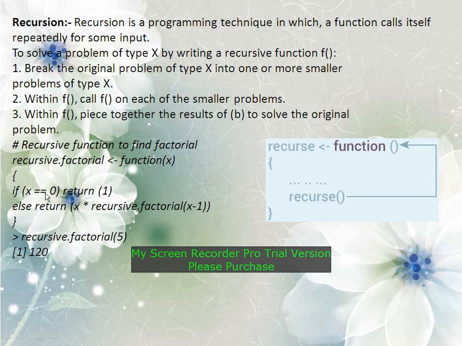X is 5, but if that is not equal to 0, then call again 5 times recursive.factorial of 5 minus 1, that is 4, and again 4 times recursive.factorial of 3, and next 3 times recursive.factorial of 2, and next 2 times recursive.factorial of 1. When that reaches 0, then this is equal to 1. Okay?